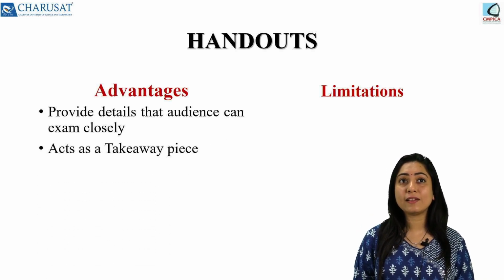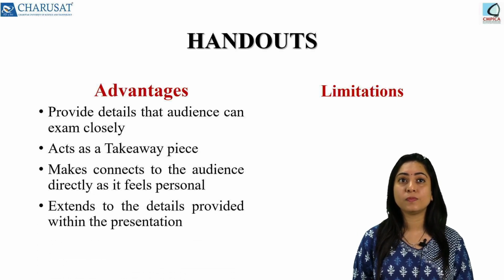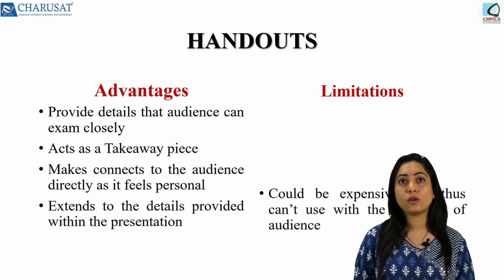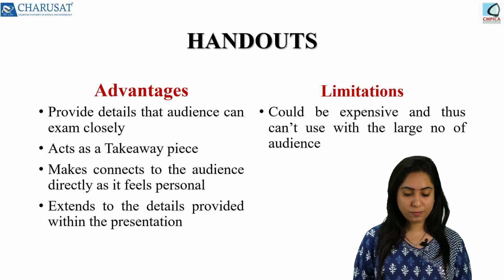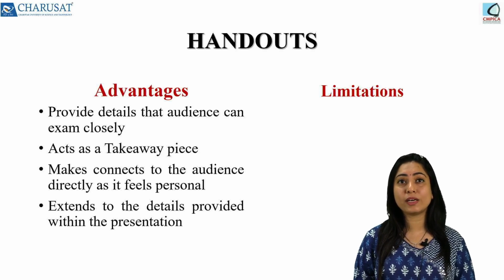Again, it acts as a takeaway piece and connects to the audience directly, and it also feels personal, right? It also extends the details provided within the presentation. Whereas when we talk about limitations, there are multiple, right? So let's first talk about the advantages that handouts present.